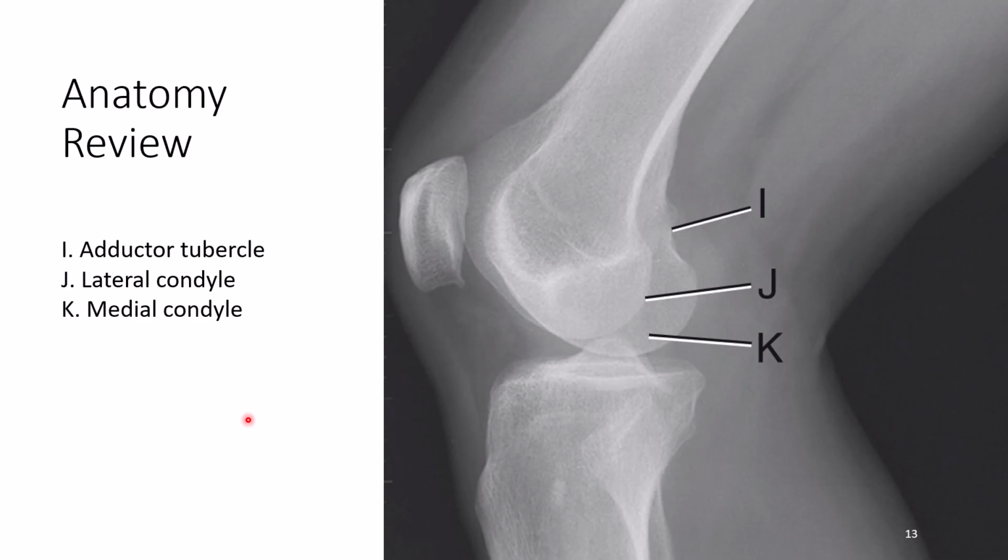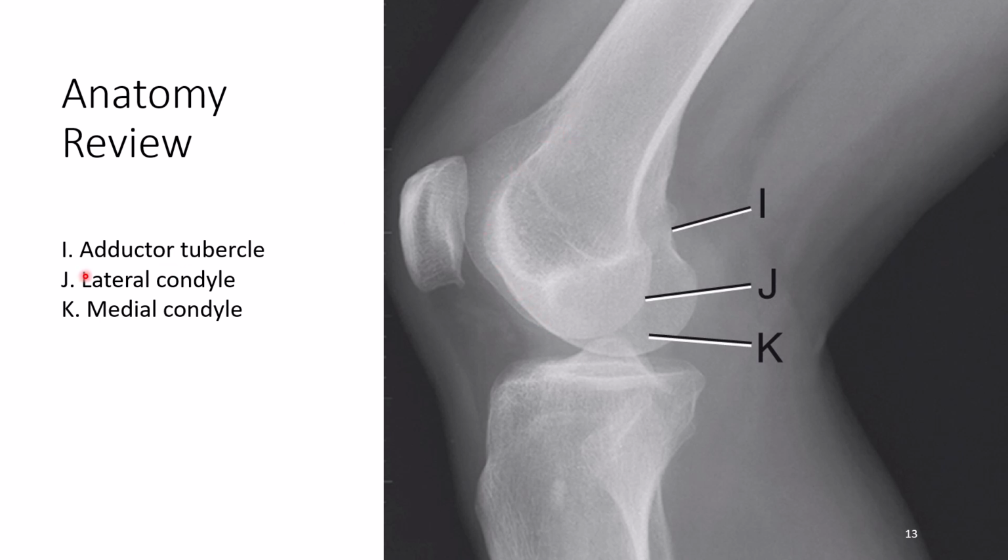Now, when we look at this, this is actually a rotated lateral knee, okay? How do we know? Well, one, the joint space is not open between the patella and the femur, and you can see one surface here, and you can see the other surface here. They're not perfectly superimposed.